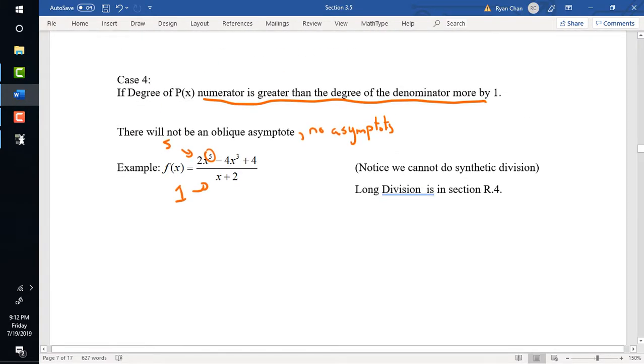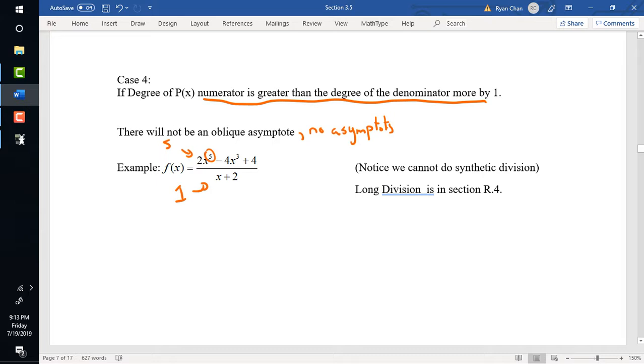Okay. So let's talk about all the parameters for rational functions. You need to find the domain. You need to find if it has holes, if it has vertical asymptotes, and then you also want to find whether it has horizontal or oblique asymptotes. So let's talk about the 4 cases. Let's summarize. If the degree on the bottom is greater than the degree on top, you'll have a horizontal asymptote of y is equal to 0.